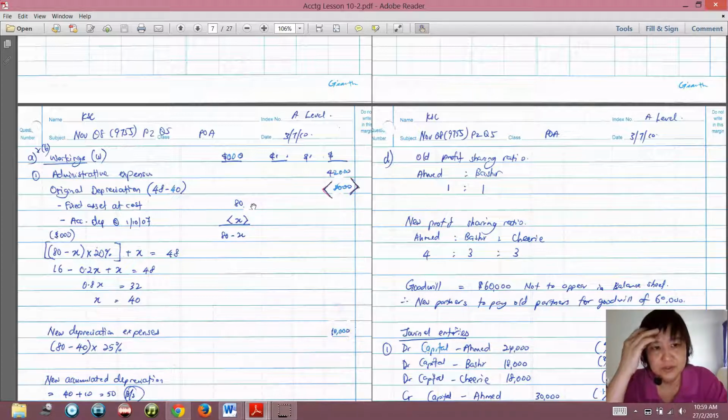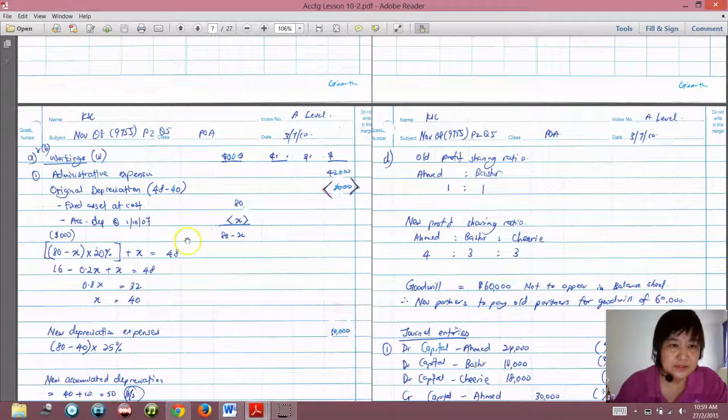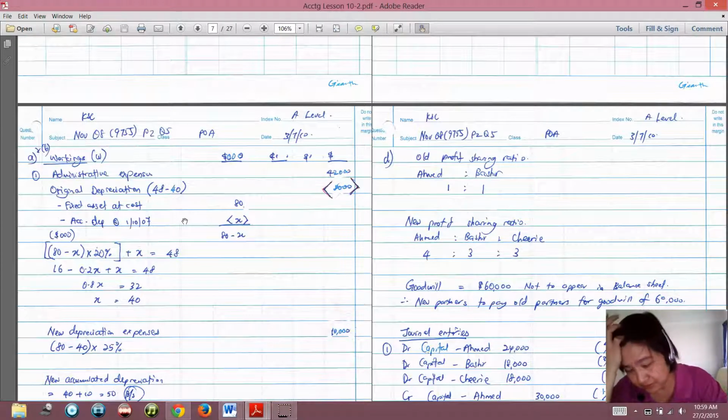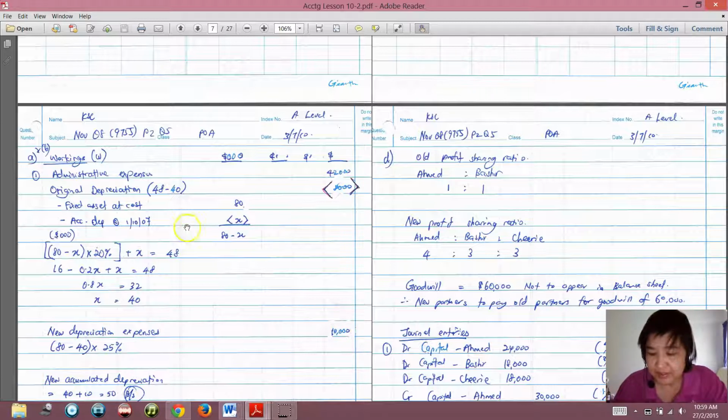Now I am using the algebra method to solve this. They are telling us that the accumulated depreciation, that means the accumulated depreciation at the beginning of the year plus this year's depreciation, is 48,000.